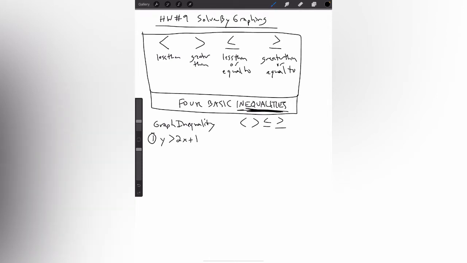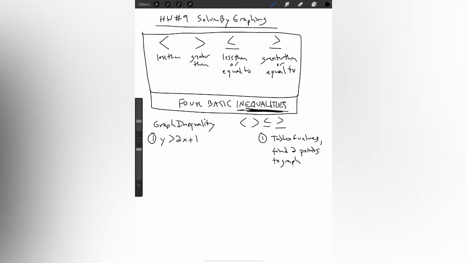So when I'm going to graph inequalities, I'm going to start making my steps. The first thing I want to do is create a table of values, and I want to be able to find 2 points to graph.